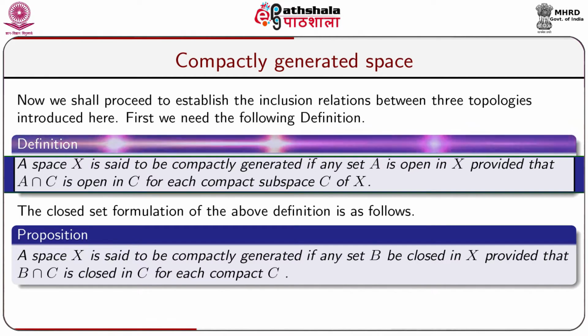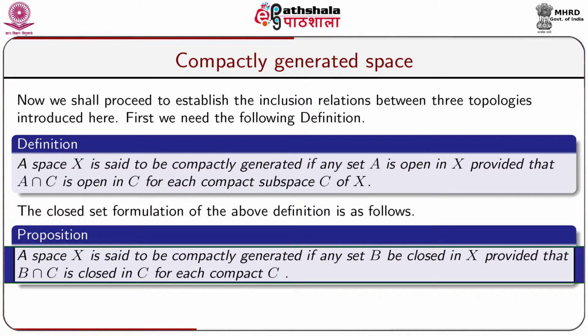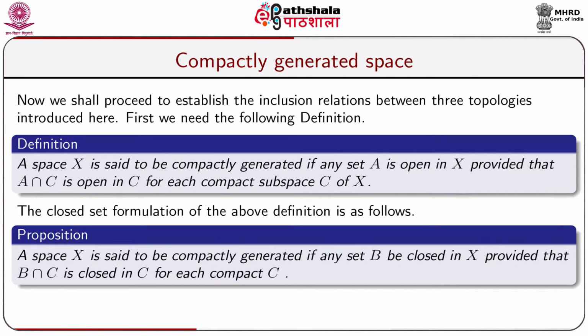Definition: a space X is said to be compactly generated if any set A is open in X, provided that A intersection C is open in C for each compact subspace C of X. That is, the space X is compactly generated if, given any compact subspace C of X, a subset A of X is open if A intersection C is open in the topology of C, where the topology of C is induced as a subspace from the topology of X.